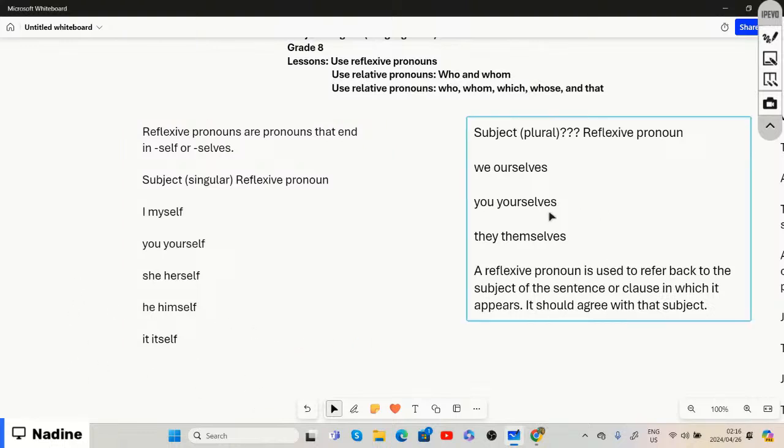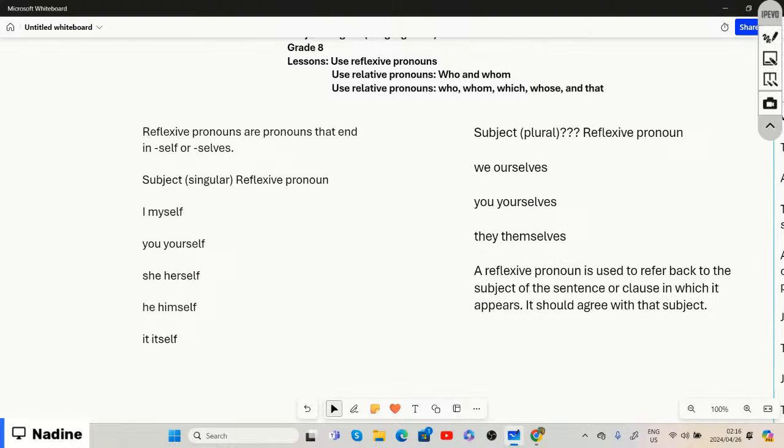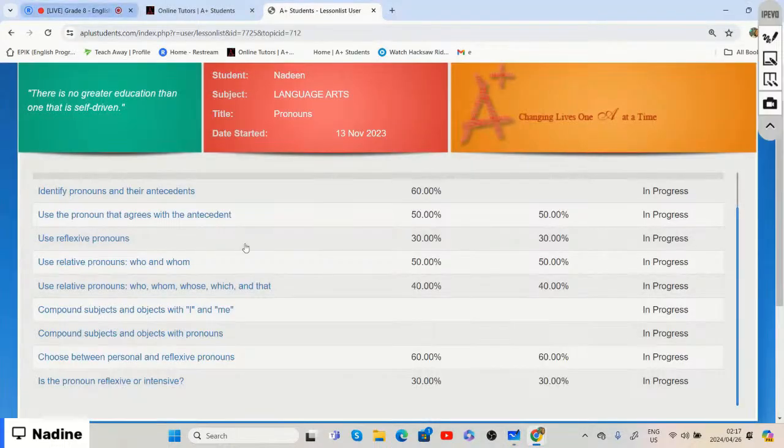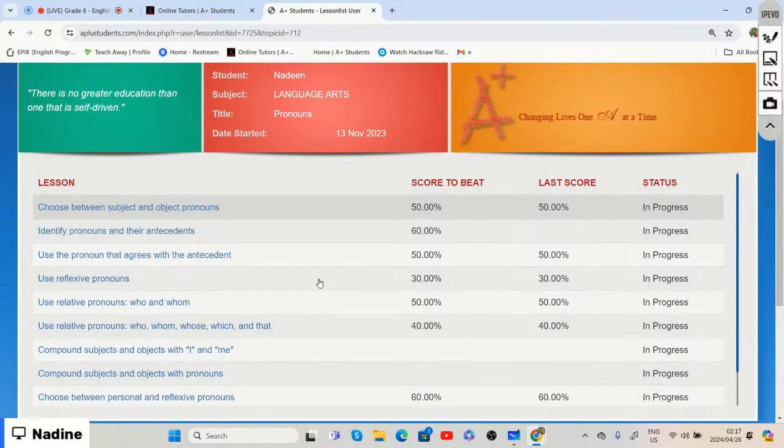The same with ourselves needs to refer back to we. Yourselves need to refer back to you, as well as themselves need to refer back to they, because those are reflexive pronouns. As soon as it refers to something else or someone else, then we call that a personal pronoun, right? All right, so now let's go to our tutorial lesson.